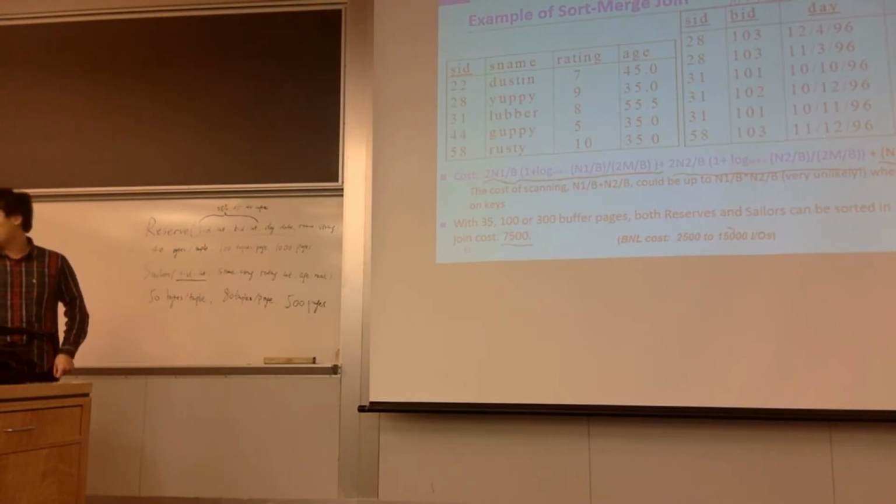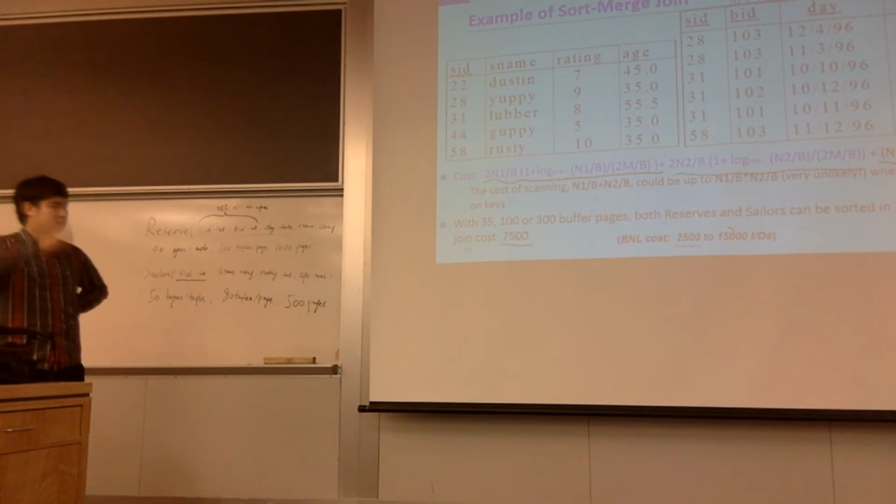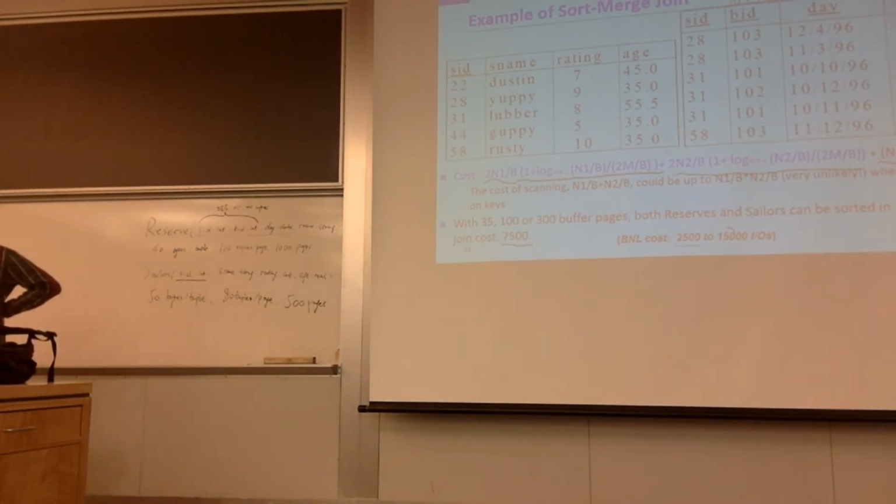That is to be compared with block nested loop: depending on your number of buffer pages, you could end up with 2,500 IOs or 50,000 IOs. That differs with the number of buffer pages in your buffer pool. Of course, it's definitely better than page-oriented nested loop or the simple nested loop.